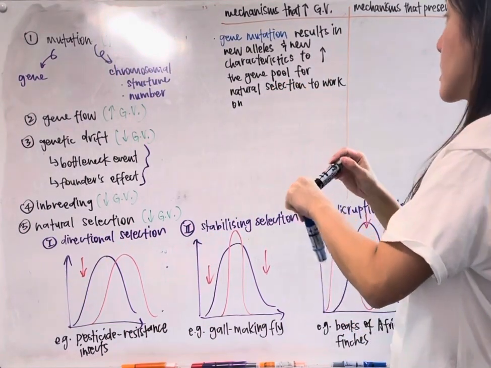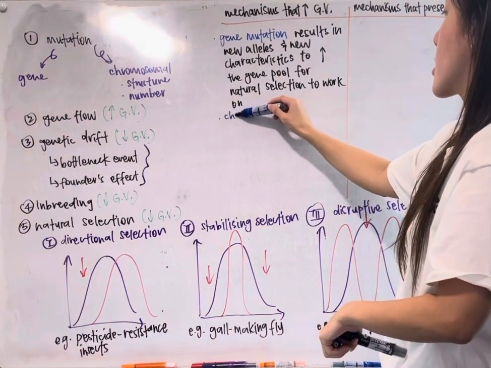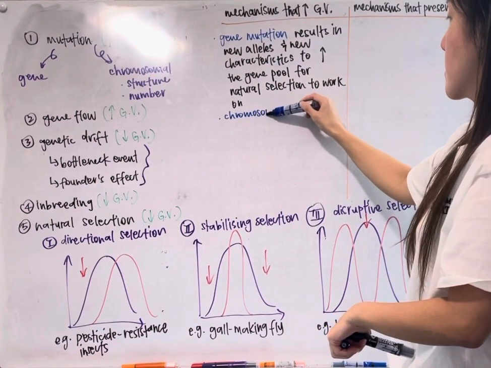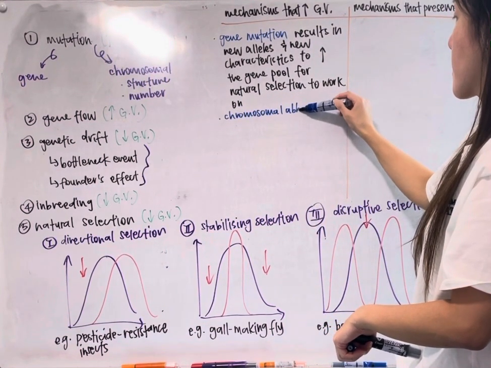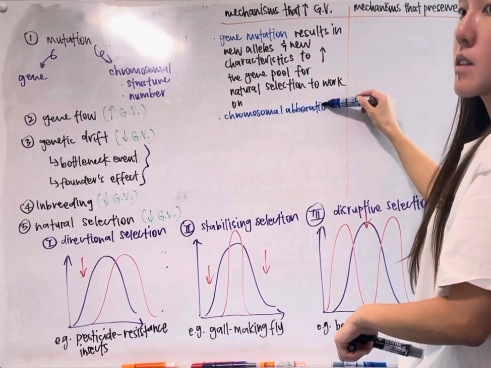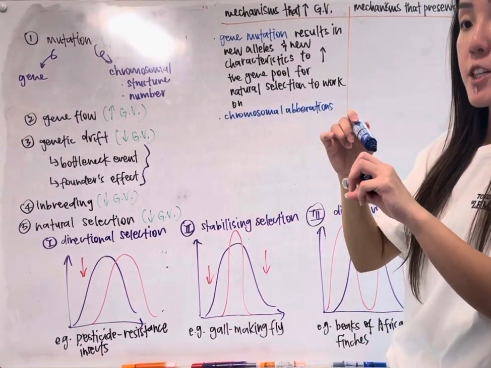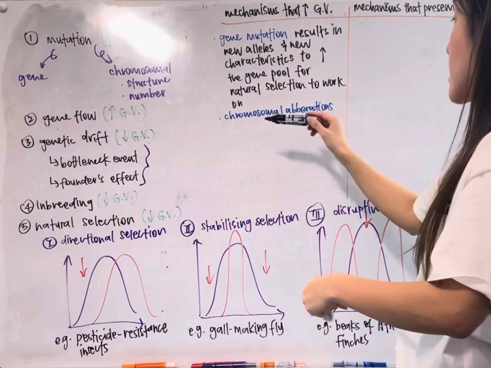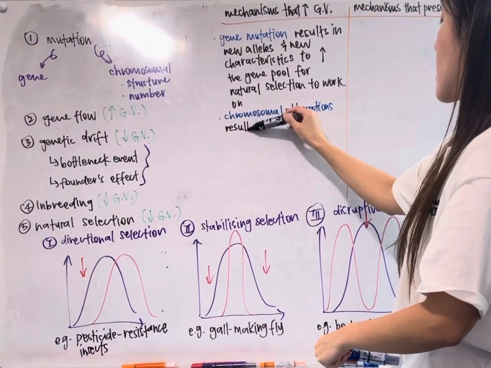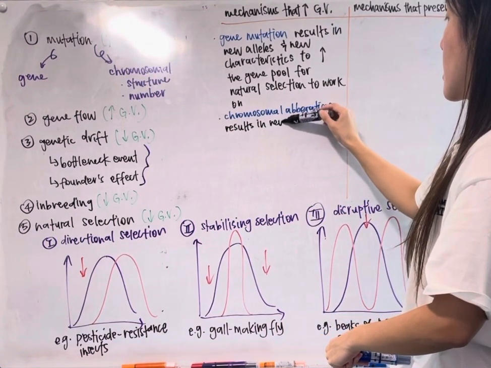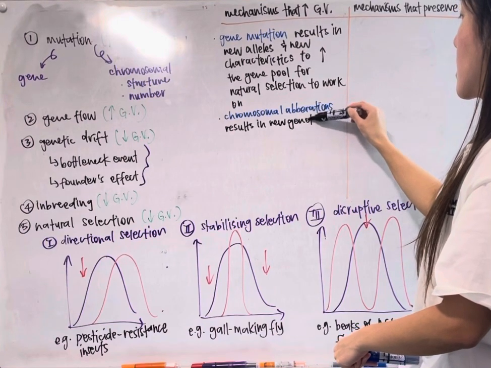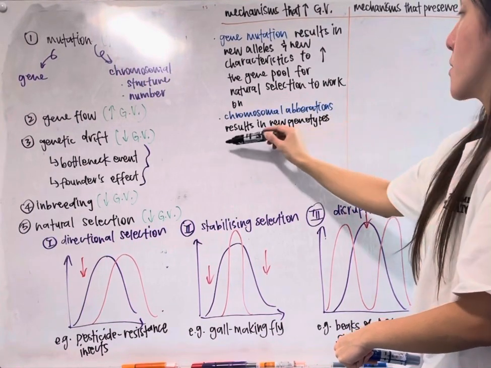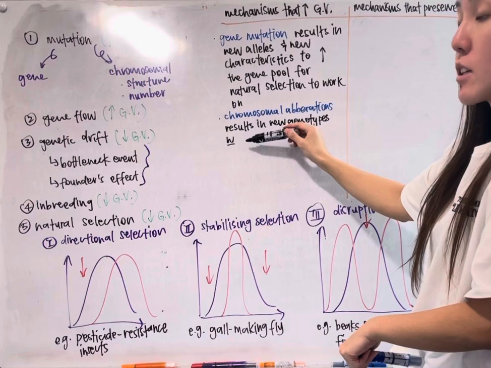Okay, second one, chromosomal aberration. Chromosomal aberration can result in new genotypes, new combinations of alleles.